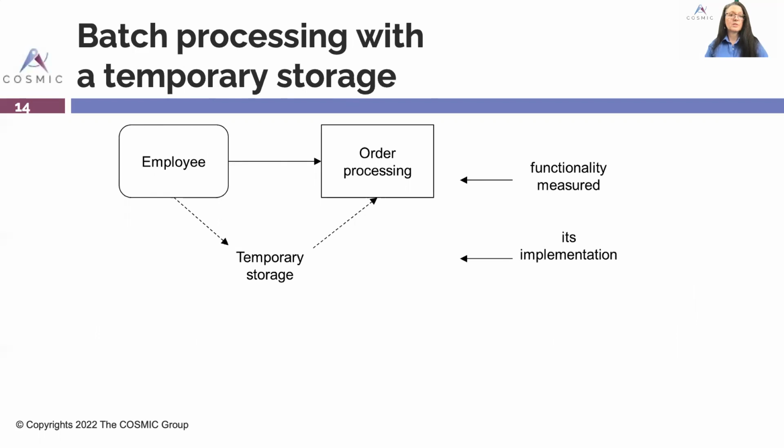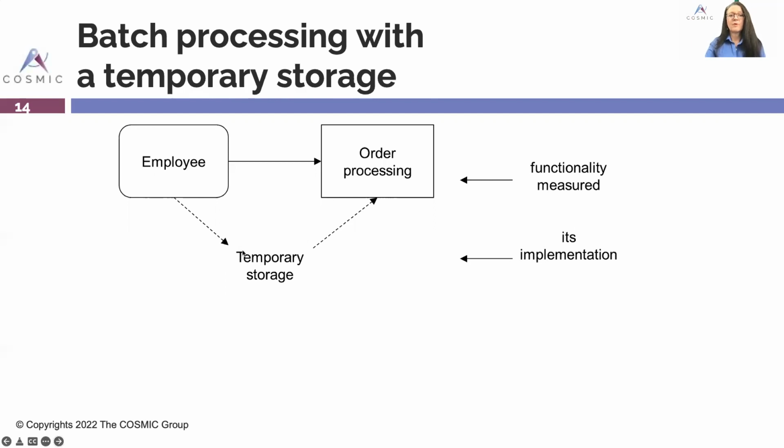If we look at batch processing with a temporary storage, suppose that order processing functional process, which is being measured, and the employees who are using this order processing, well, it's possible that within its implementation, temporary storage could be required before finalizing the permanent storage of the data for, let's say, sorting some data or combining several files into a single one.